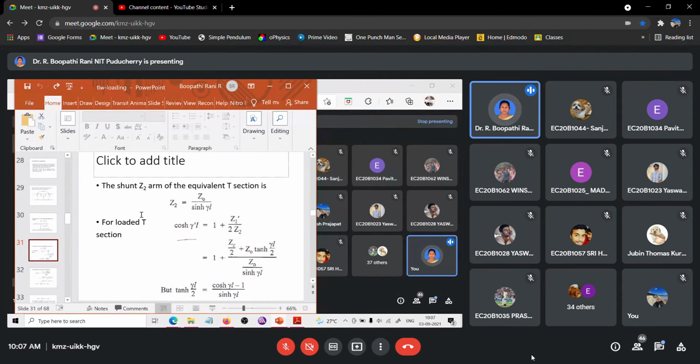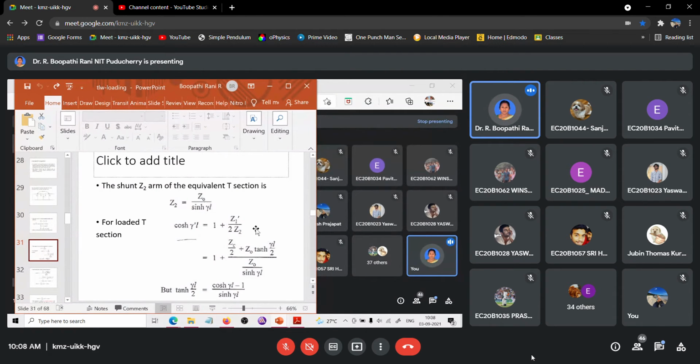Now we need to find the relation for the loaded line. Here cosh νL equals 1 plus Z1 by 2 Z2. This is the general relation relating Z1, Z2 and the propagation constant.